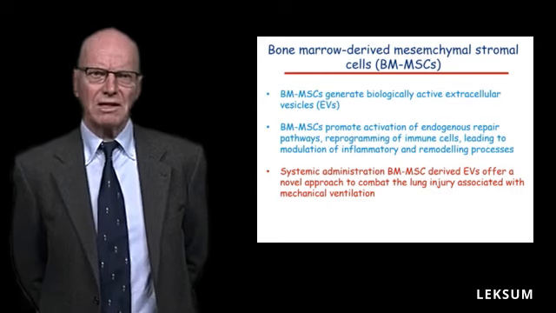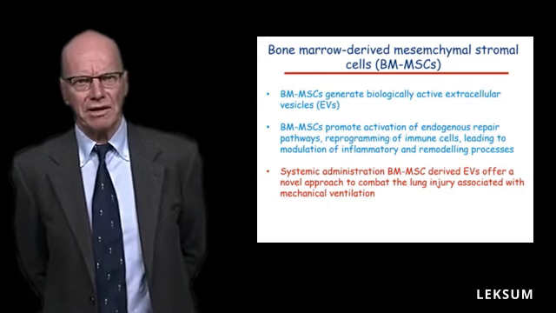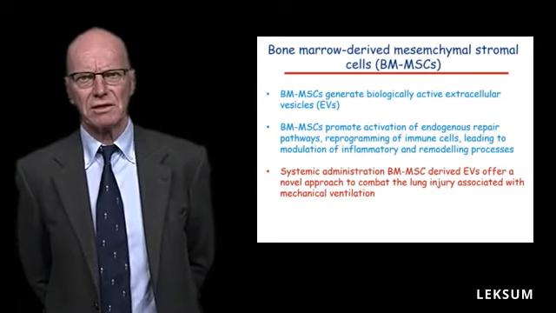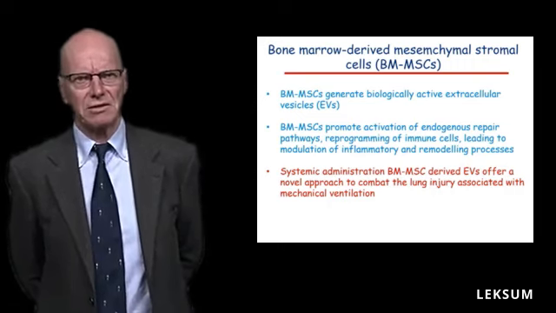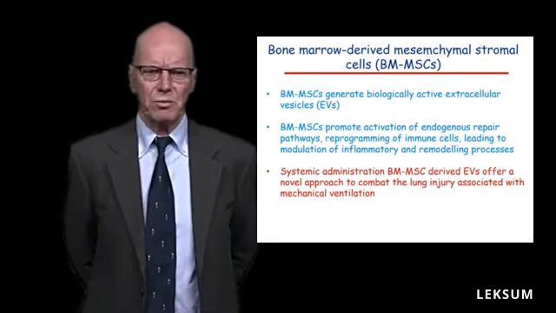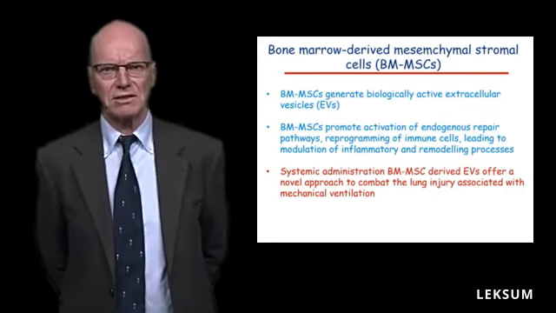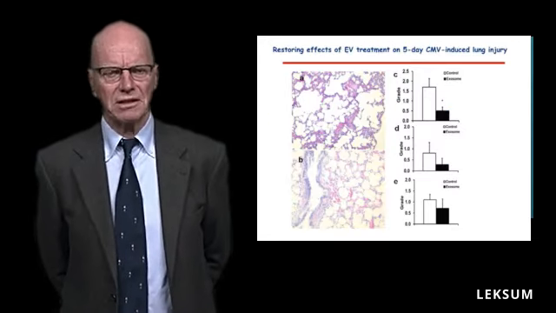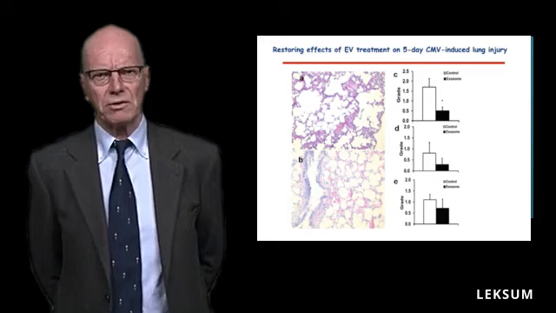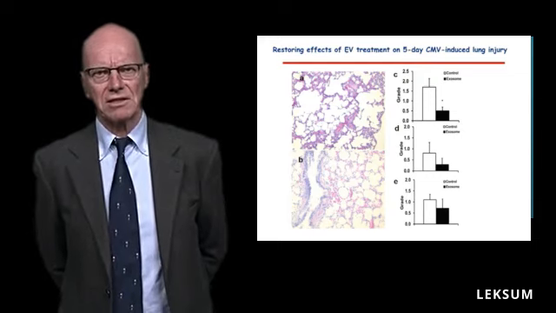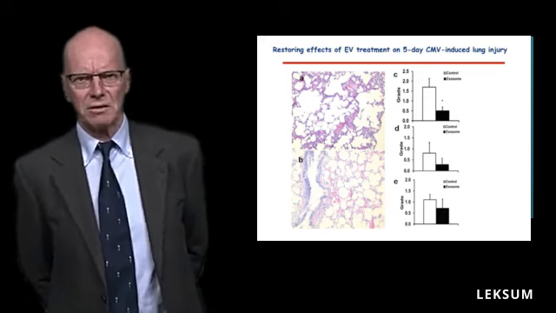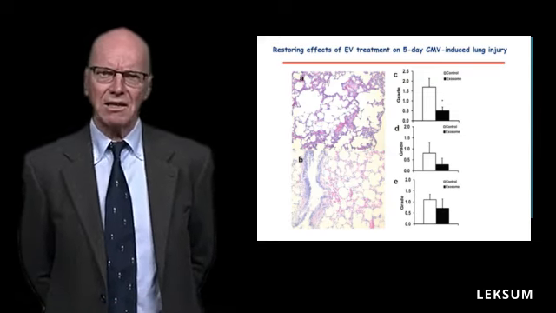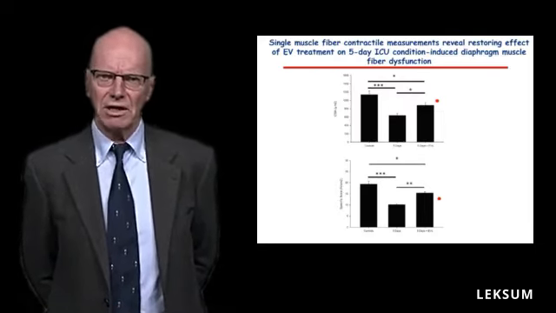So then we started an intervention. We looked at bone marrow-derived mesenchymal stromal cells, which generate biologically active extracellular vesicles that have a restoring effect, protecting injured lung cells. We did a study in this rat model, and what we could see by giving these extracellular vesicles is a very positive effect on the lung, with much less lung injury, which was also coupled to improvement of diaphragm muscle function.